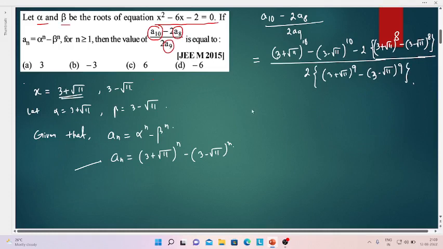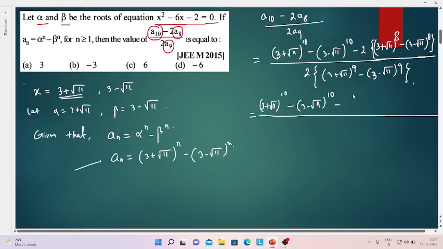After calculating this, it looks very difficult, but it will be very easy after doing this type of calculation. Let me first break this part. It will be (3 + √11)¹⁰ − (3 − √11)¹⁰.